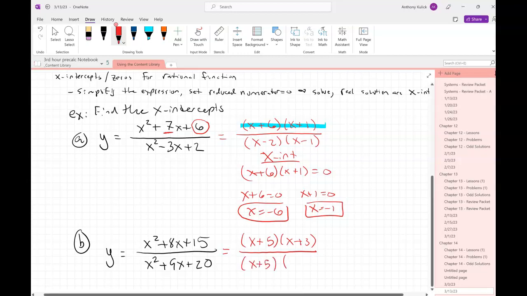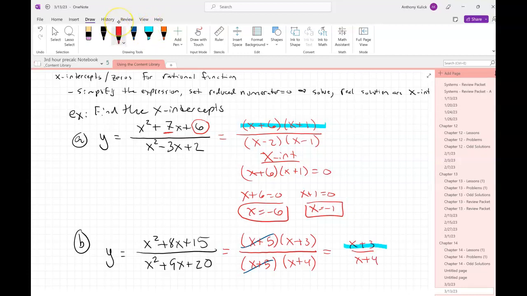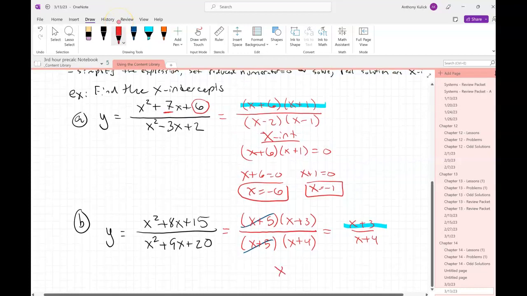Good. We notice then that the x plus 5s can reduce. So to find the x-intercepts, all I care about is the reduced numerator.